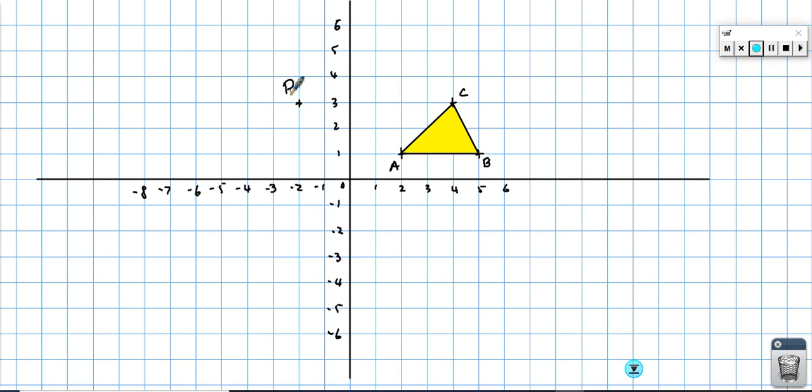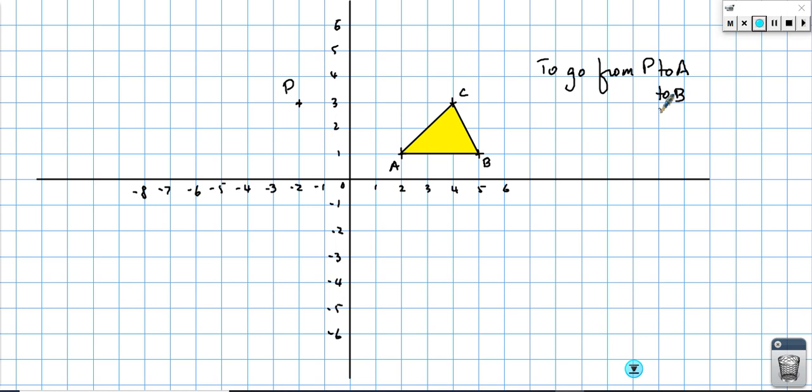So to go from P to A, to B, and to C, I need to move X and Y distances as follows. Now these are not coordinates but X and Y distances.